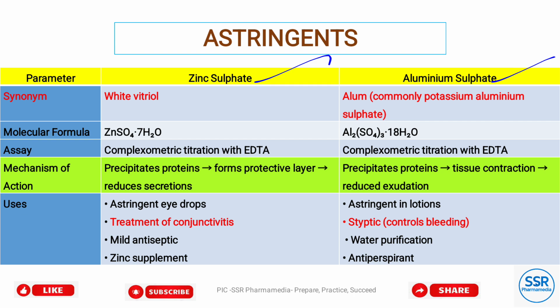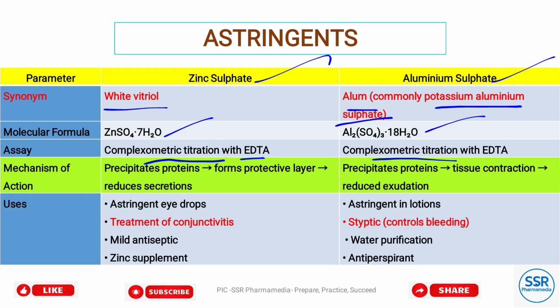Zinc sulfate is synonymous with white vitriol. Aluminum sulfate is alum, commonly potassium aluminum sulfate. Zinc sulfate is assayed by complexometric titration, with EDTA used as the titrant. Aluminum sulfate is also assayed by complexometric titration with EDTA.